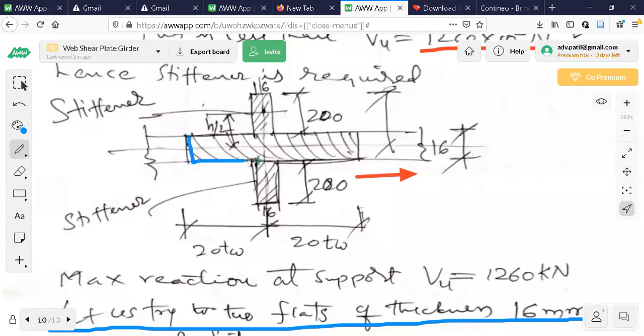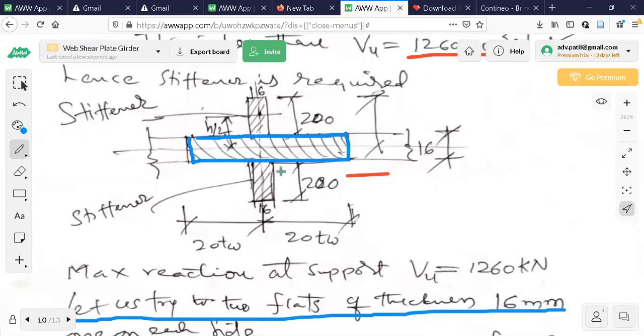Some portion of the web also takes part in resisting this shear. So I have to decide the dimension of the part of the web which is contributing in resisting the shear force. I have to decide this dimension now. 16 is already the thickness.